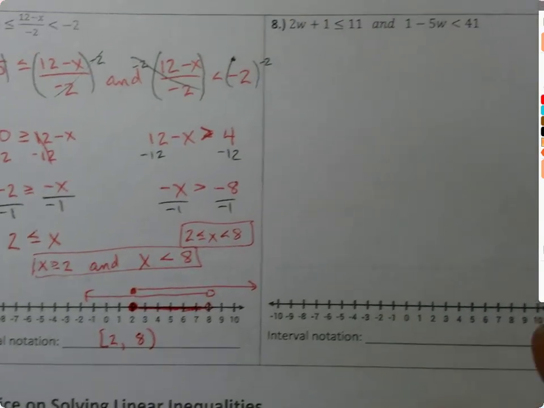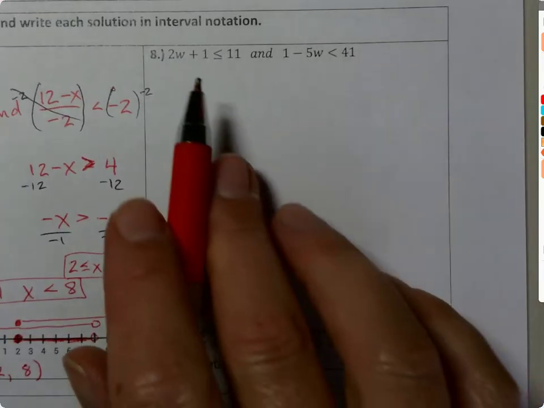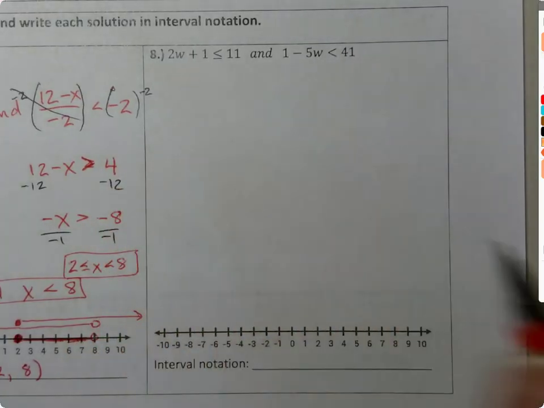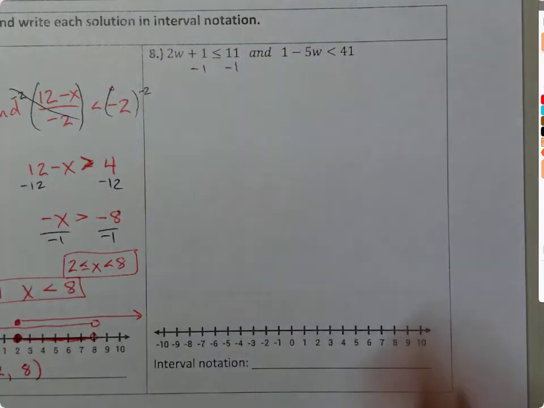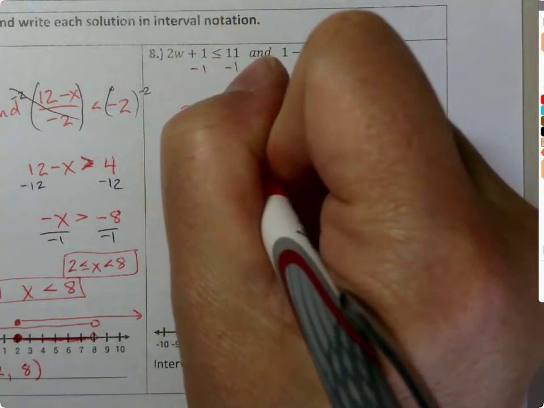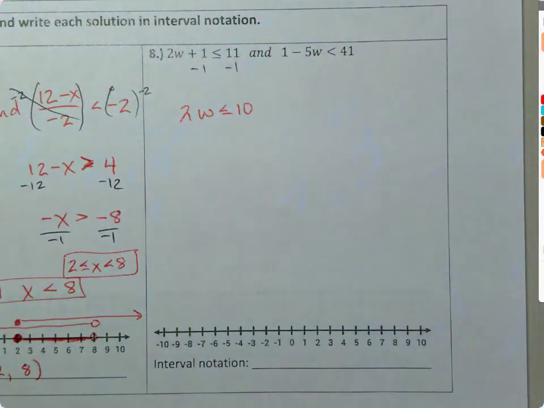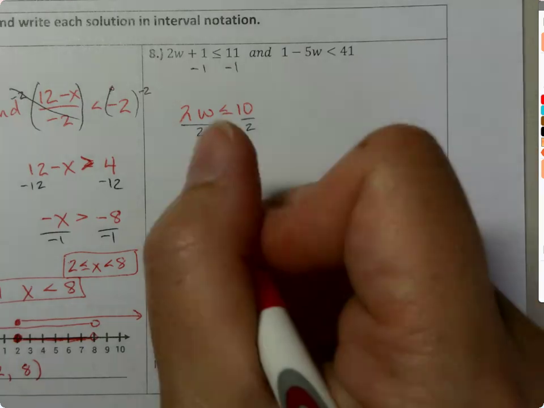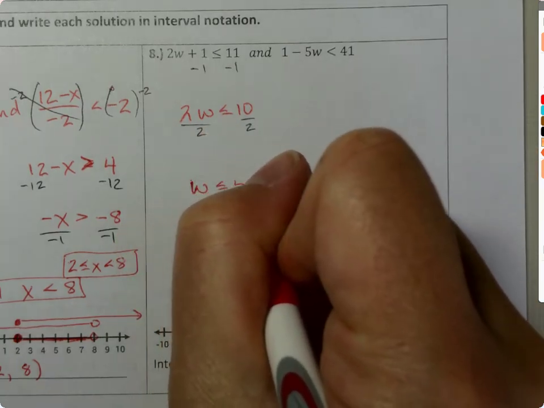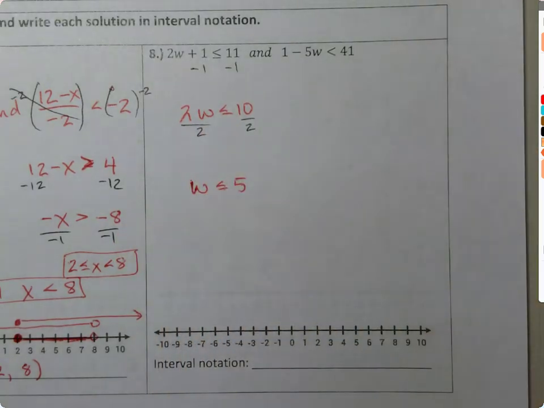Okay, go ahead. This one's already separated for us. We have two different problems, so let's take a minute and solve it. First thing I'm going to do is subtract 1. So 2w is less than or equal to 10, and then what? Divide by 2. So w is less than or equal to 5. I did not have to flip anything.